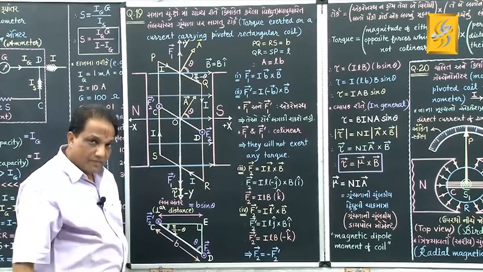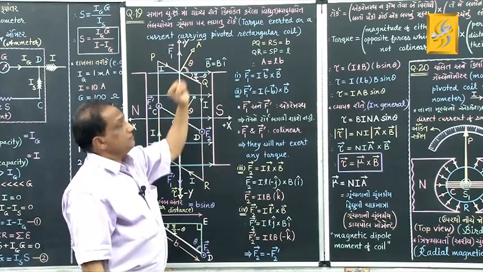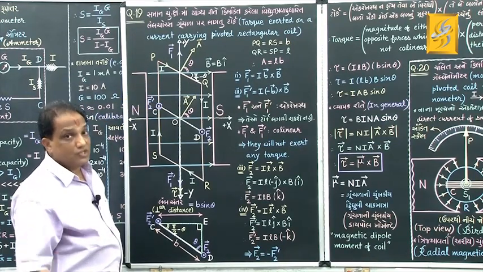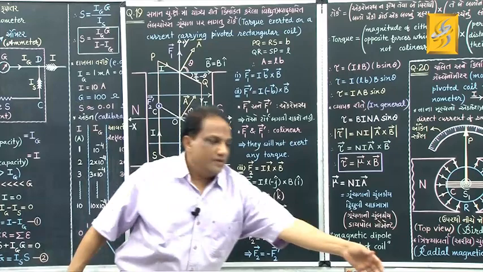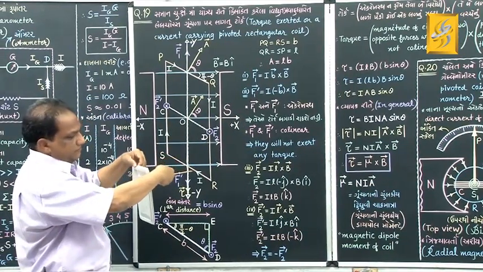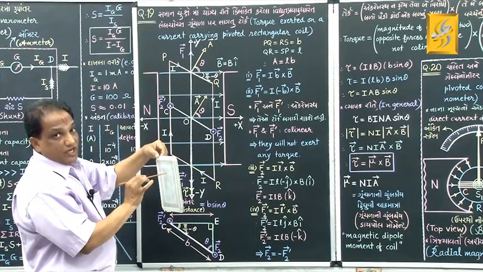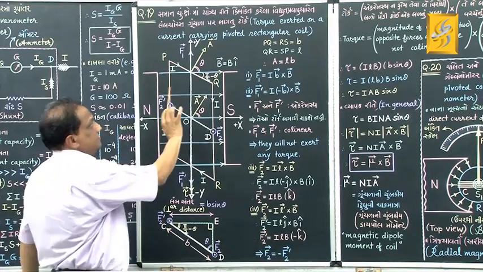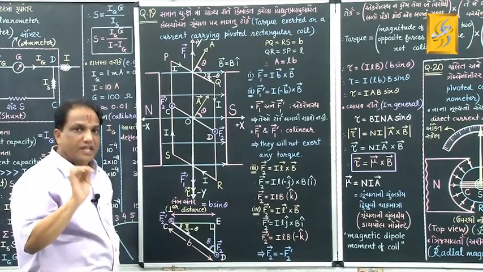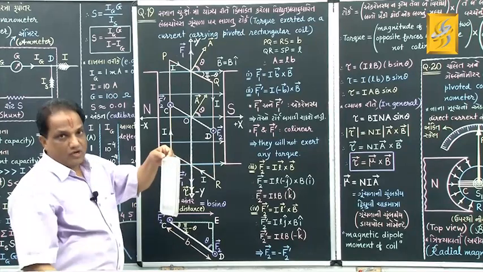Now somebody of you may think, why are we taking vector A in this direction? Can't we take it on this side? No, there is a rule for that, I am showing you. At present I have taken vector A this way, but if you take the direction of vector A the other way, you will not get the same direction of vector tau, because there is a rule for finding the direction of the area vector. What is the axis of this coil?